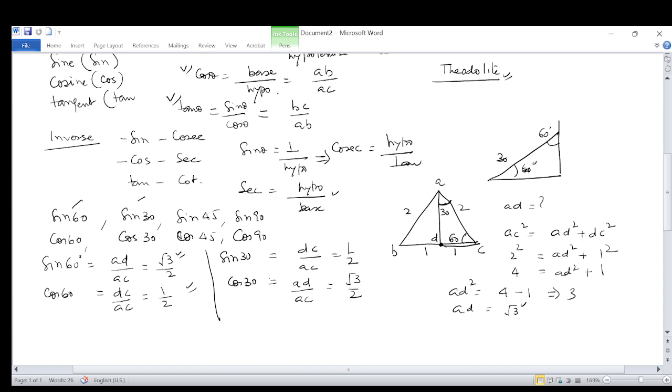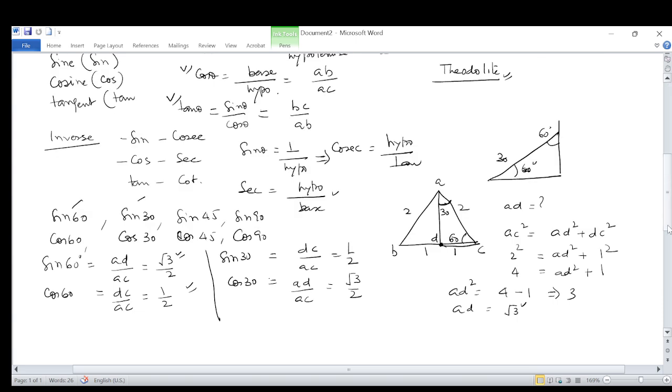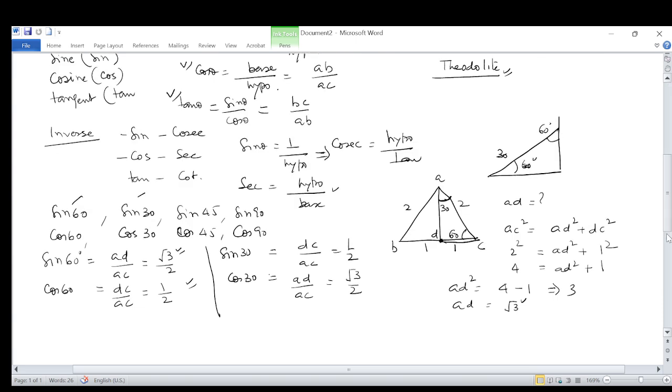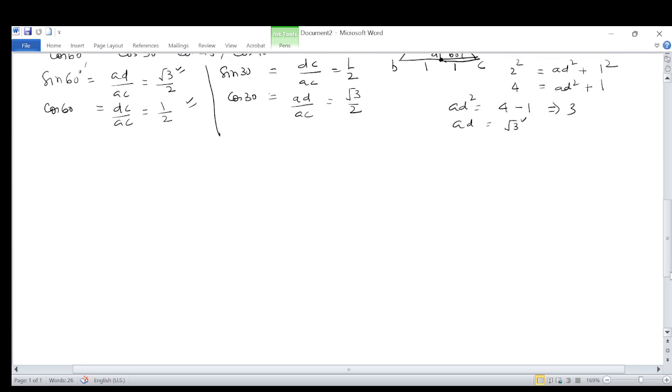Now coming to another important part, the 45 degree angle. Draw a right angle triangle. I must tell you, this all happens in a right angle triangle.